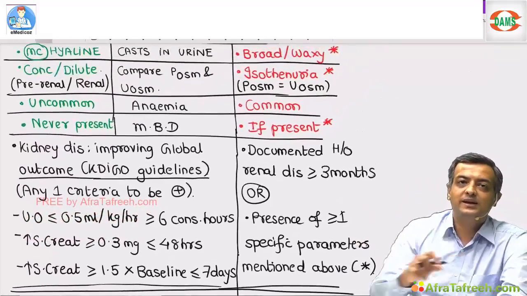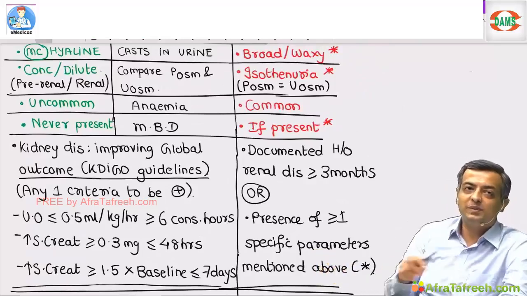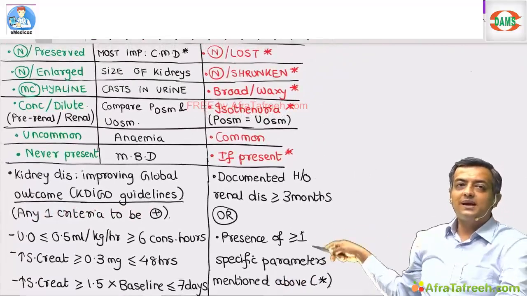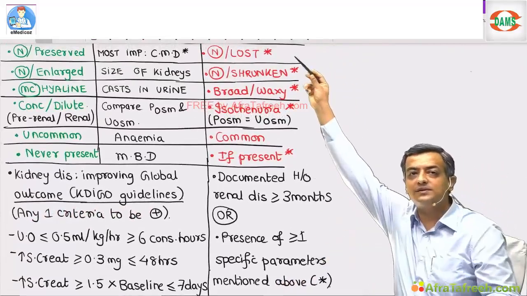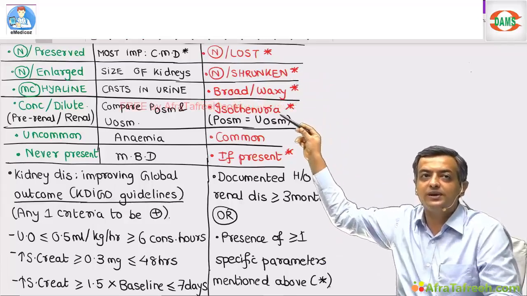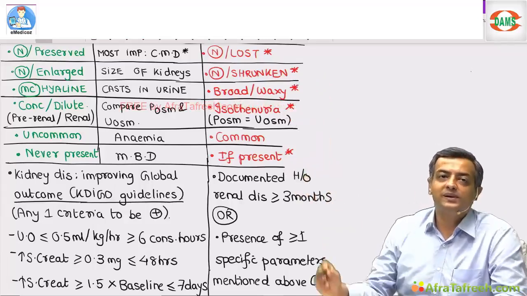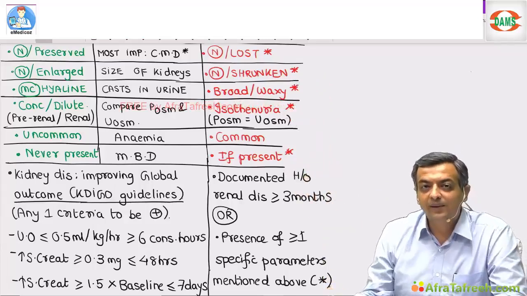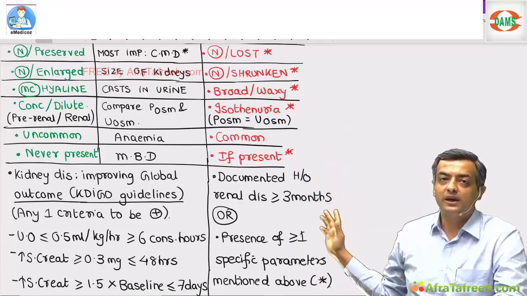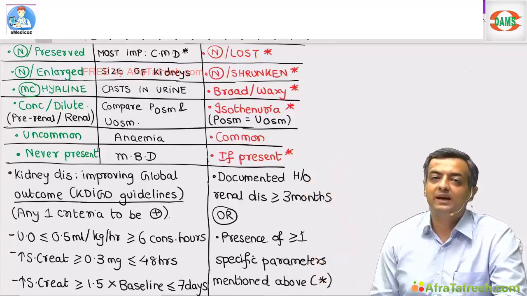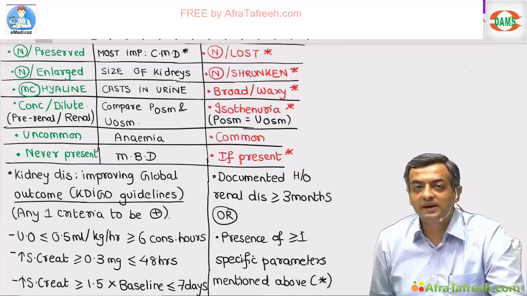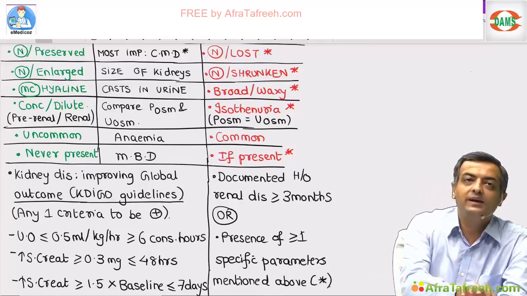If a patient has any one of the specific characters, which include loss of CMD, shrunken kidney, broad waxy cast, isosthenuria or metabolic bone disease, along with elevated creatinine, you can still classify them as suffering from chronic kidney disease.